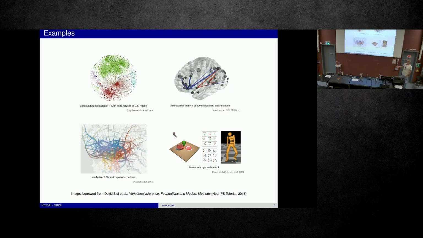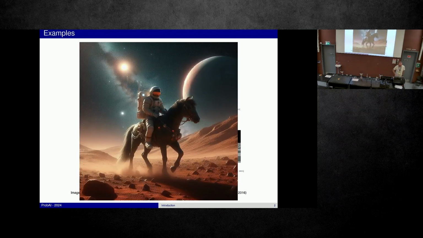And then people generated cool plots like these showing high-dimensional data being analyzed with probabilistic methods. These plots are now so common that we don't really care anymore. The new vogue, I guess, is generative models. And also here, variational inference has a central part. So this technique is a main tool in the toolbox for probabilistic AI, and that's why we have set aside a full day for talking about this only.